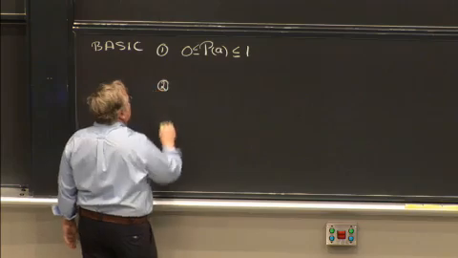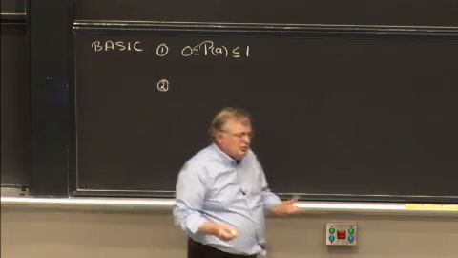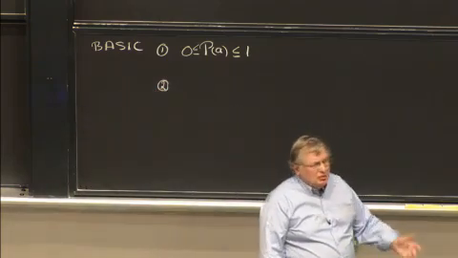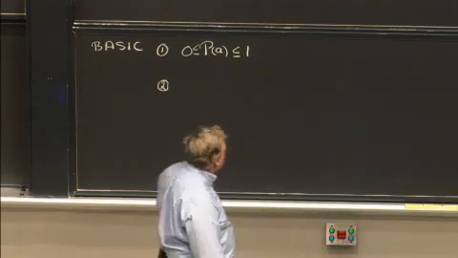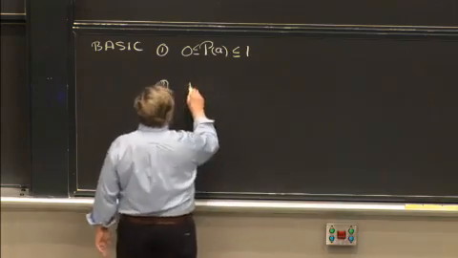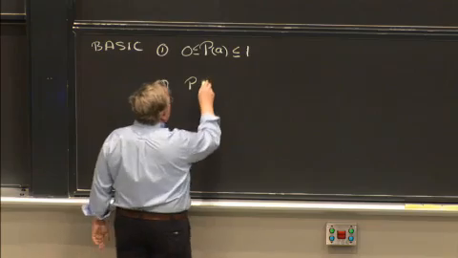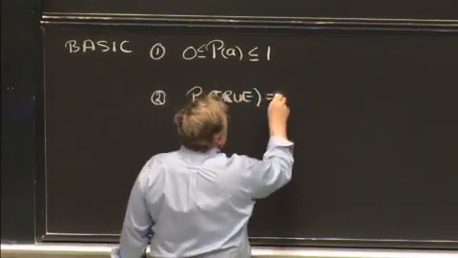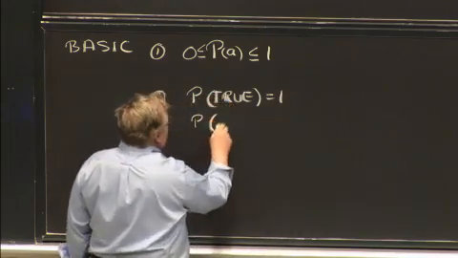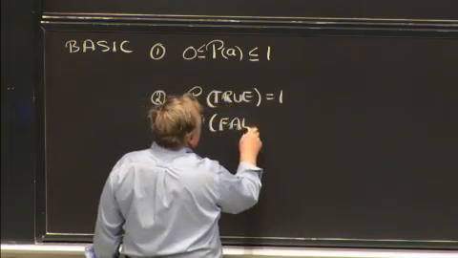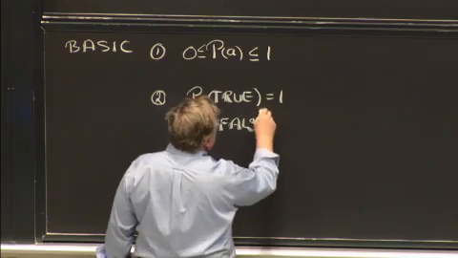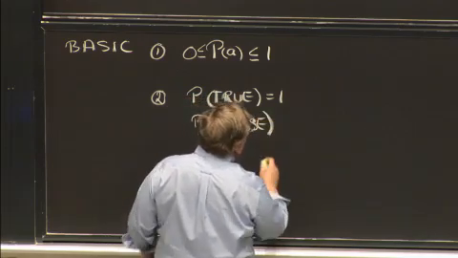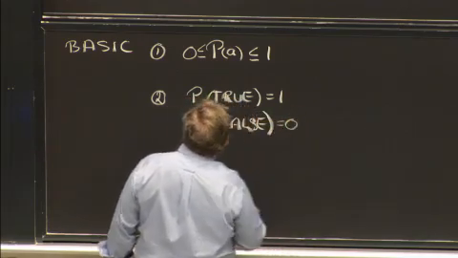In a binary world, things have a probability of being true. Some have a probability of being false. But the true event doesn't have any possibility of being anything other than true. So the probability of true is equal to 1, and the probability of the false condition has no possibility of being true, so that's 0.